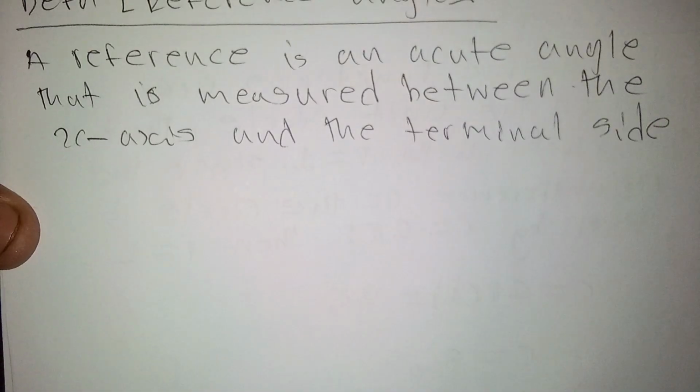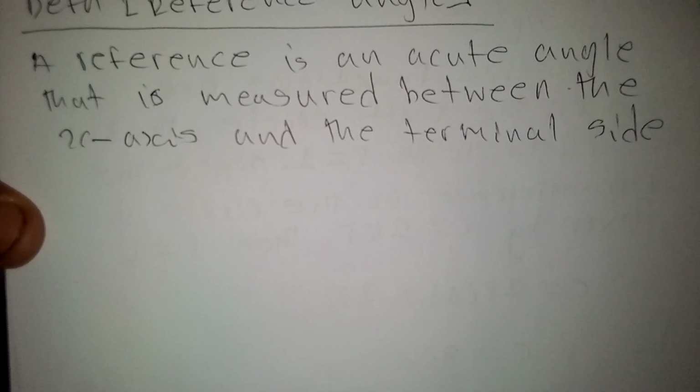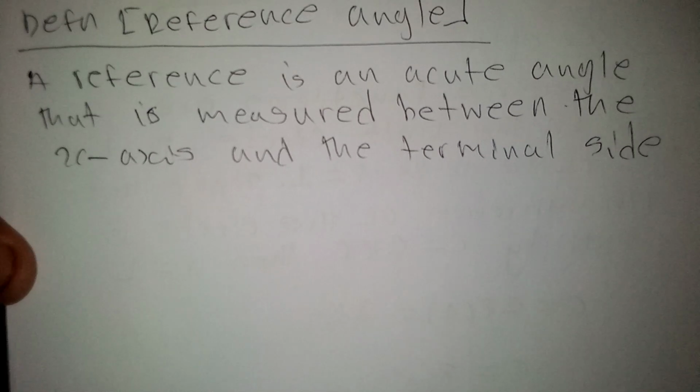So an acute angle is the angle that is less than 90 degrees. So an angle that is less than 90 degrees is called an acute angle.